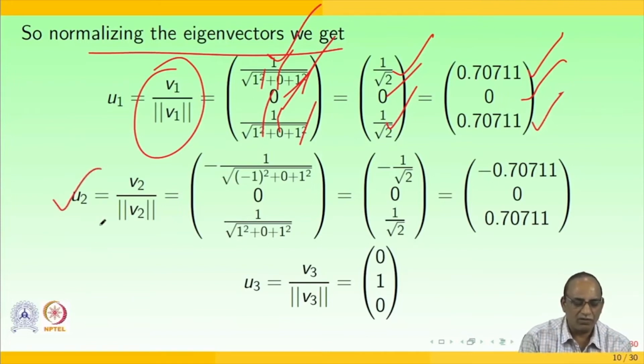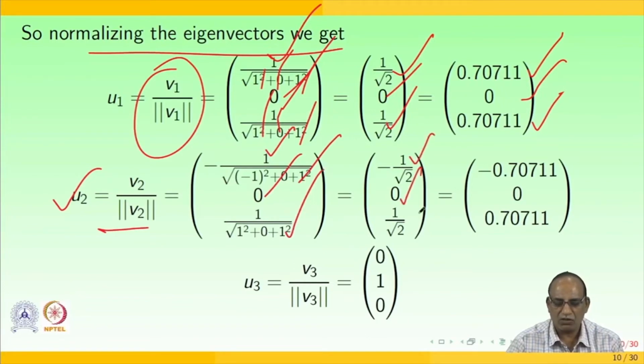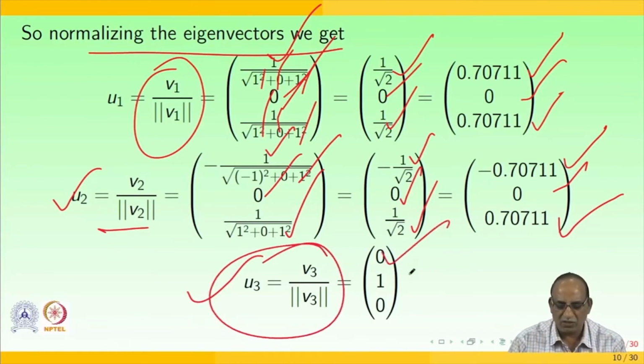And u2 is equal to v2 upon norm of v2, that is 1 upon square root of minus 1 square plus 0 square plus 1 square, and here it is minus 1 over root 2, 0, 1 over root 2. So which turns out to be minus 0.70711, 0, 0.70711, and u3 is equivalent to v3 upon norm of v3, that is 0, 1, 0.